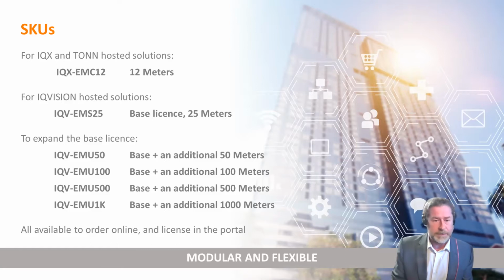For IQ Vision hosted solutions, we have a base license of 25 meters, which you need to start with. And again, this is irrespective of the aggregators. As I said, this is the histories that feed into the aggregators. That's where that number 25 comes from. And to expand that out, you can see there are 4 expansion part numbers. All of this is available to order online and license in the portal.